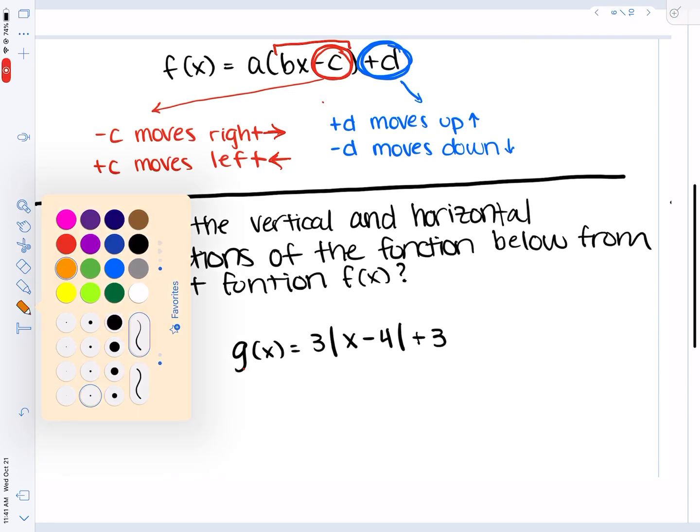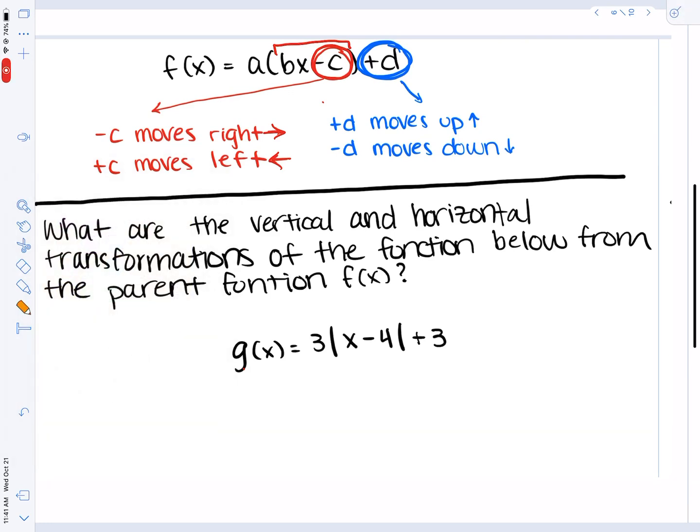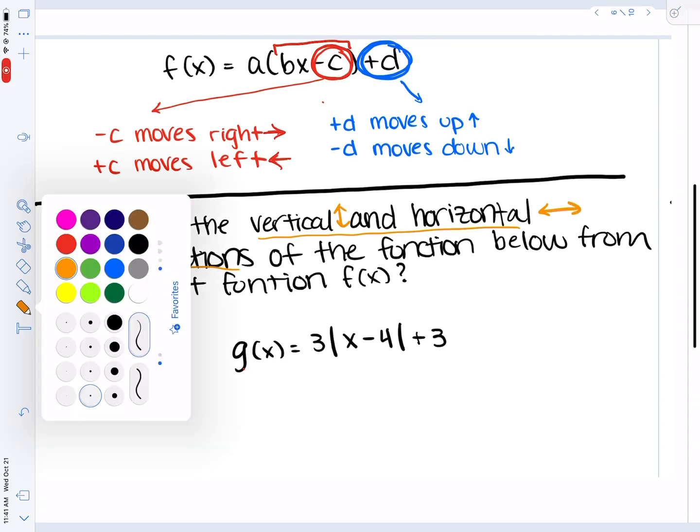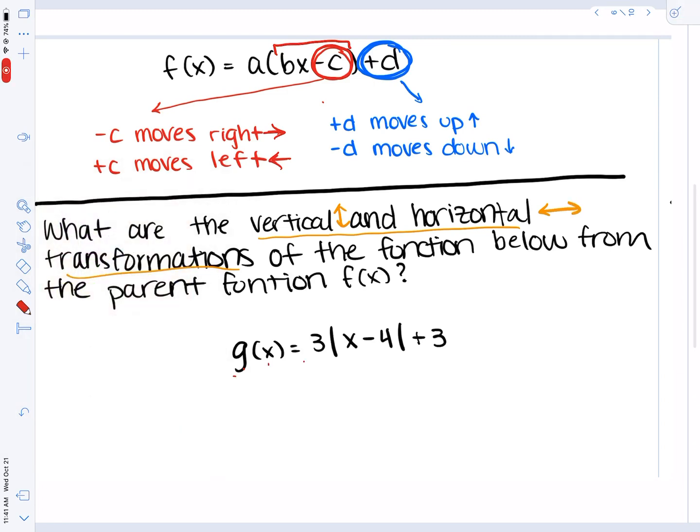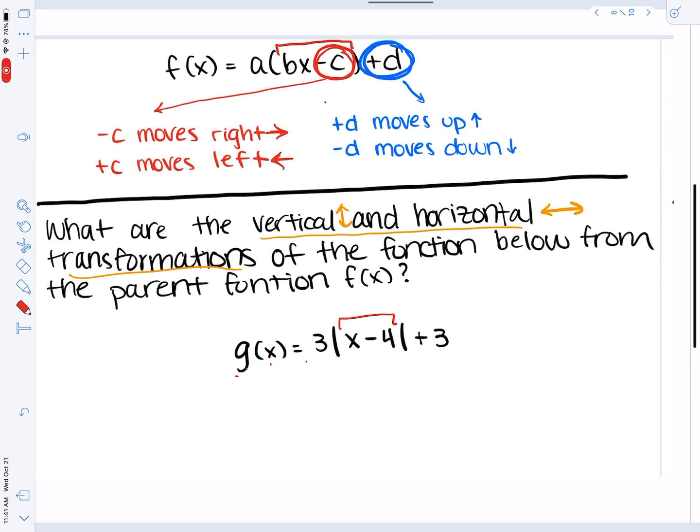So looking at my question, we have: what are the vertical and horizontal transformations of the function below from the parent function? We know vertical is up and down, and horizontal is left to right. Looking at g of x equals 3 absolute value of x minus 4, plus 3. Remember, this is inside of the house. So what is my c value? That's correct.